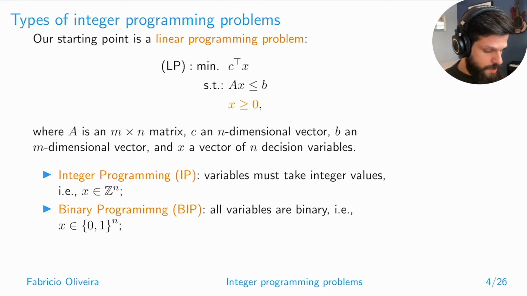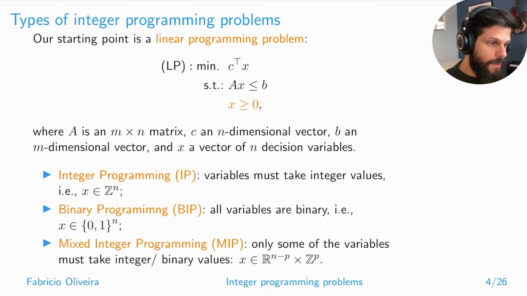And perhaps the most common of them, at least in a practical sense, is the mixed integer programming problems. Mixed integer programming problems are those where some of your variables are real valued variables, and some of the variables are either integer or binary.